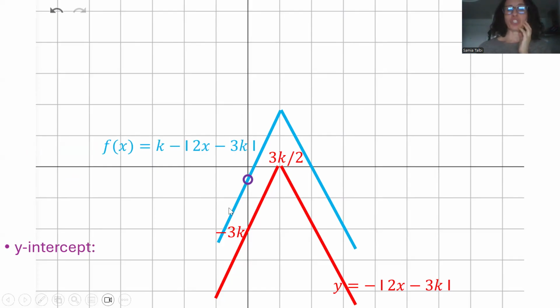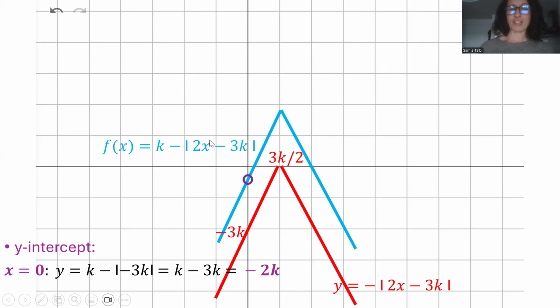Now, finding the y-intercept to start with. The y-intercept could just be taken as minus 3k and then moved k units upwards. So minus 3k plus k, we're expecting minus 2k here. Or the other way to actually calculate this is, considering it's a y-intercept, the x value has to be zeroed, in the blue graph.